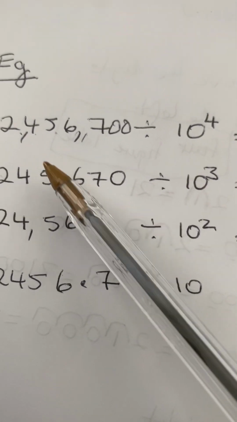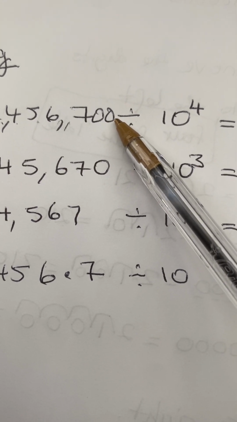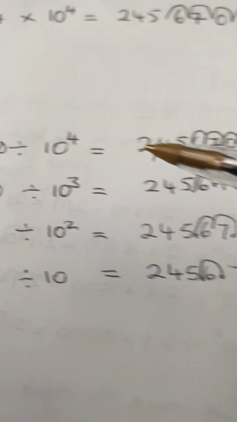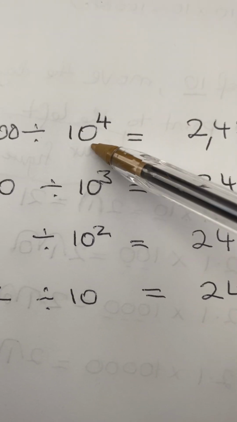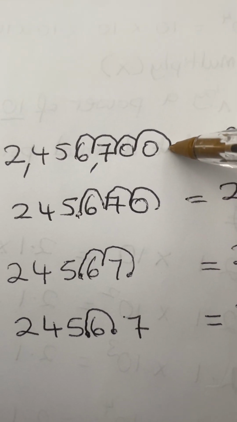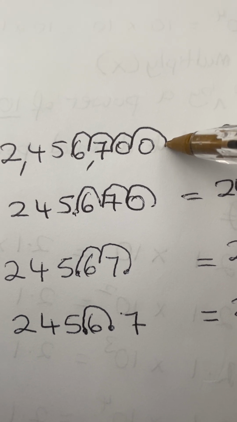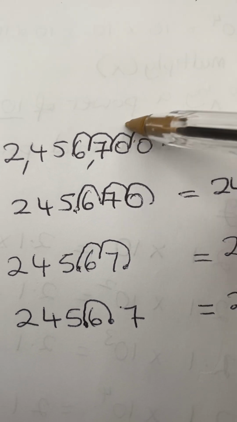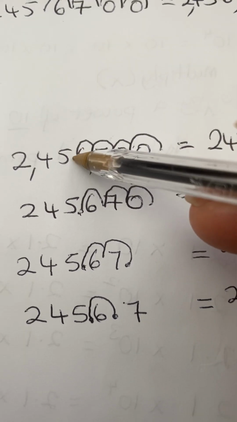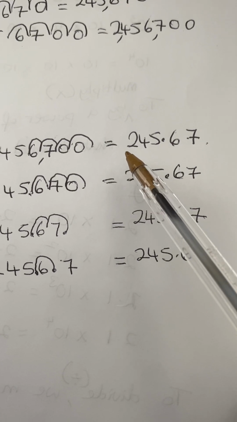Now, if you have a whole number, the decimal is at the end of the last number. So, because we are dividing by 10 to the power 4, we are going backwards. Okay, so 1, 2, 3, and 4. So now the decimal is here.